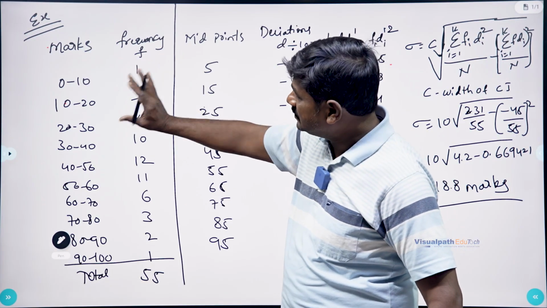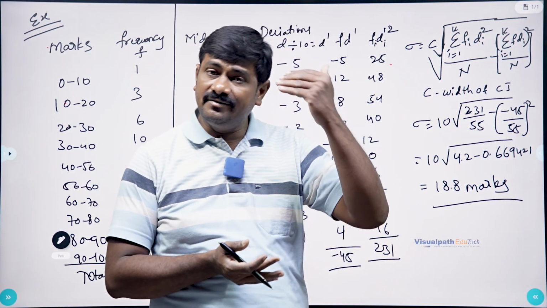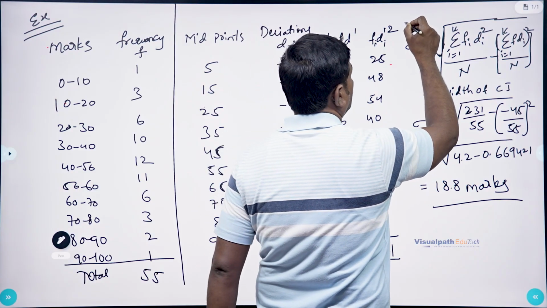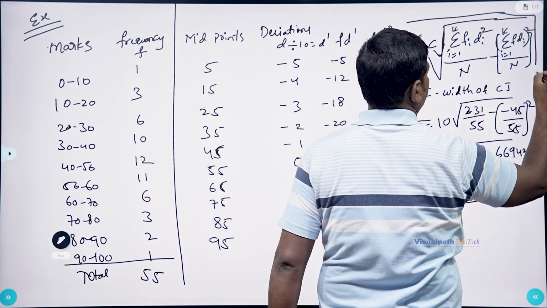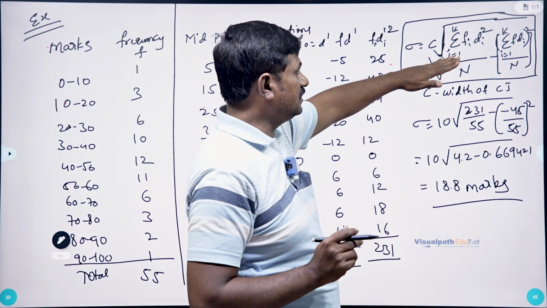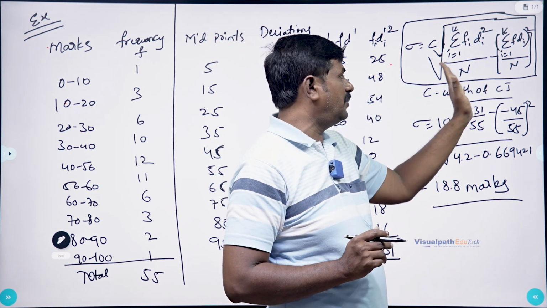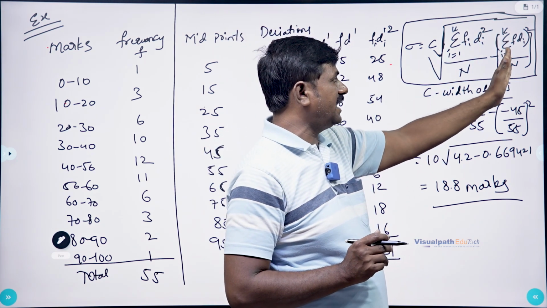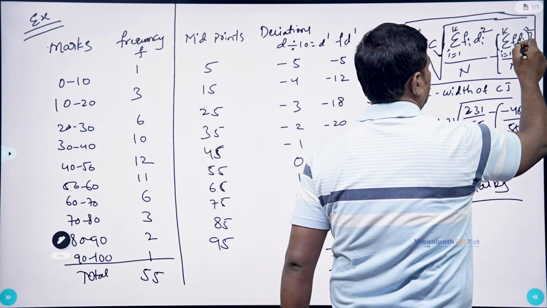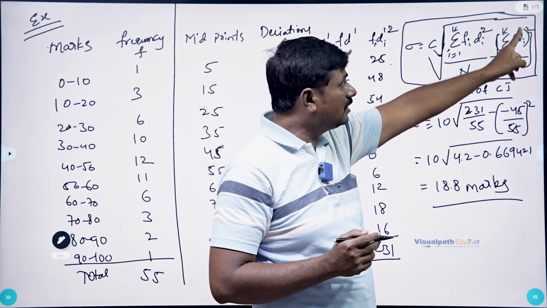So here, this problem asks how to calculate the standard deviation when the class interval is given. For this purpose, we have the formula to calculate the standard deviation when the class interval is given. That is, sigma is equal to c into the square root of the sum from i equals 1 to k of fi di square by n, minus the sum from i equals 1 to k of fi di by n, whole square.